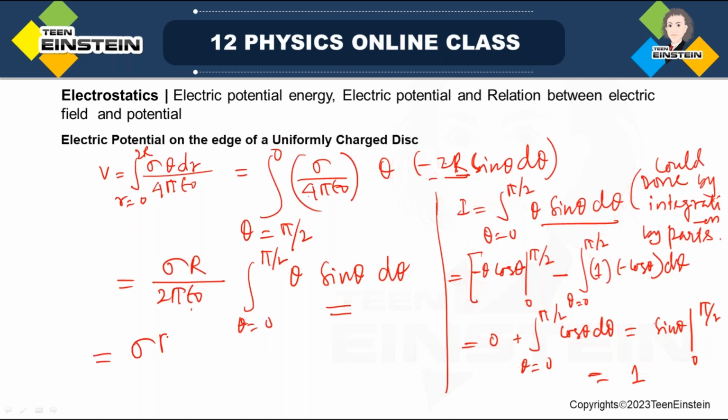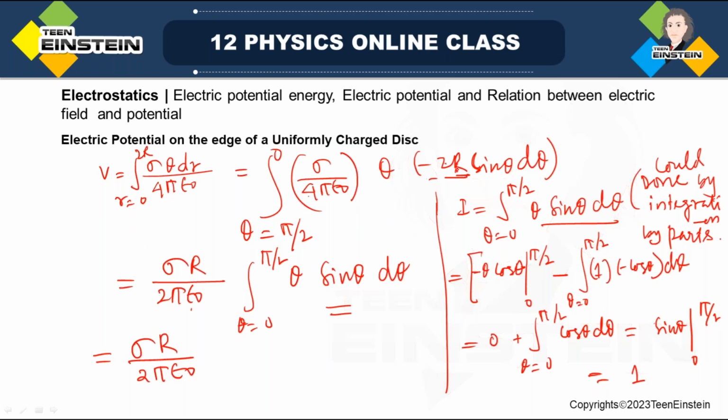So this is sigma r by 2 pi epsilon naught. Dear students, you can see how we have calculated this. I think there was a 2 here, right?